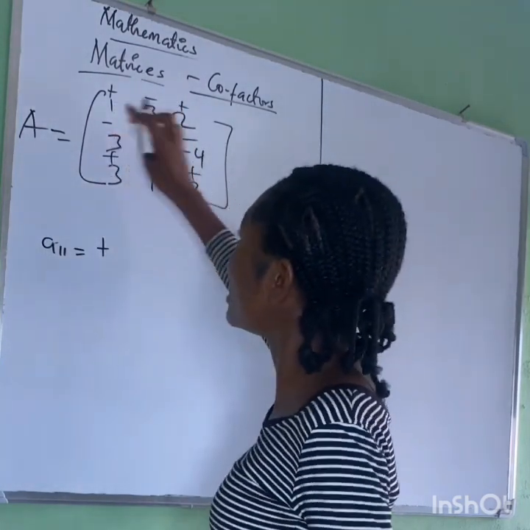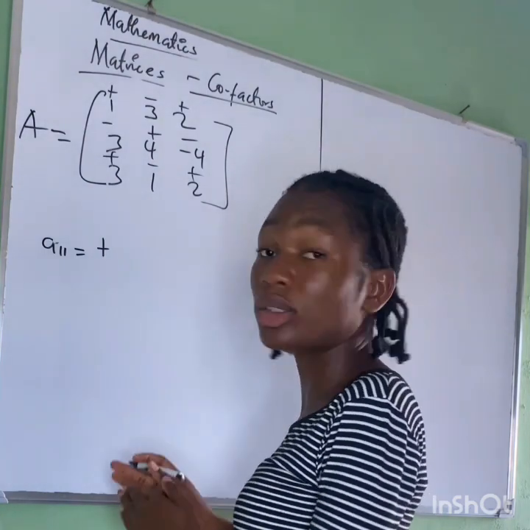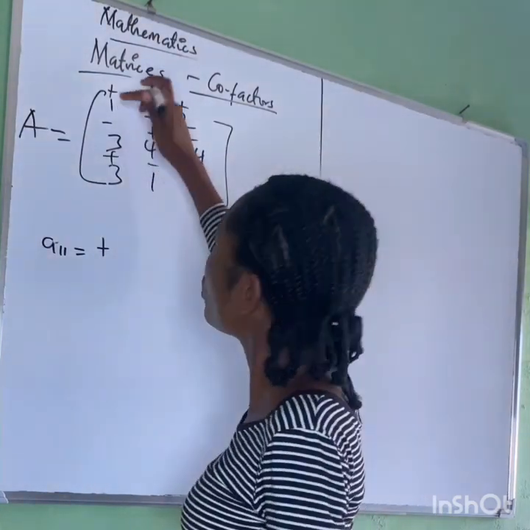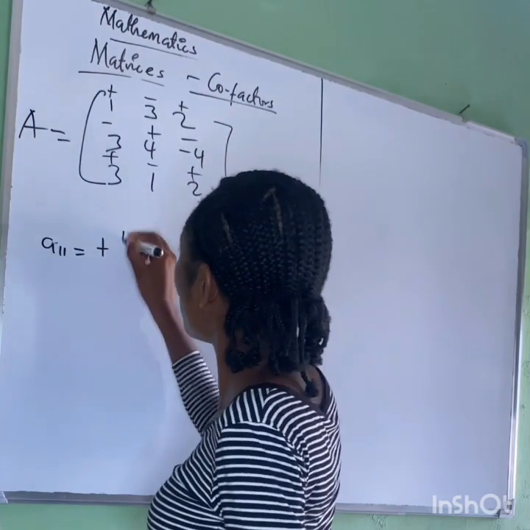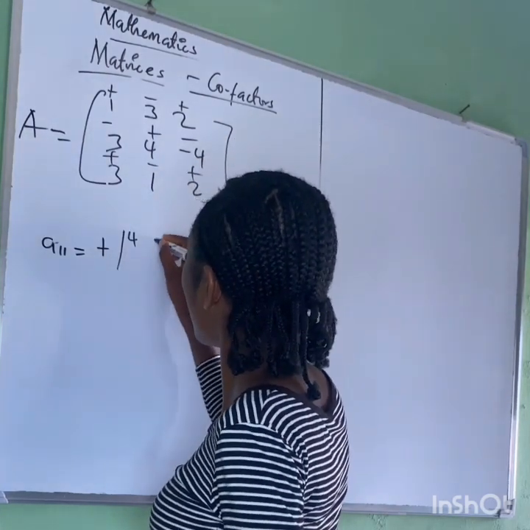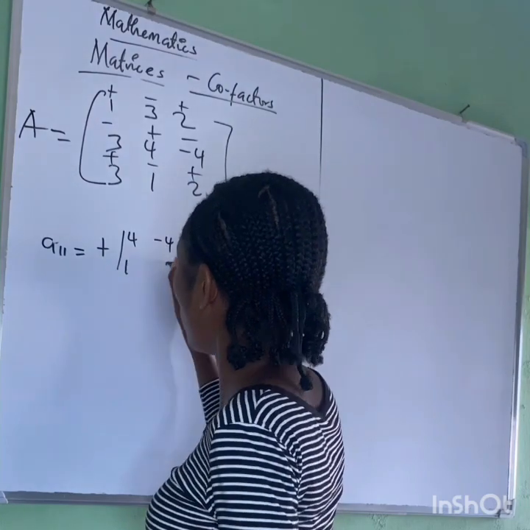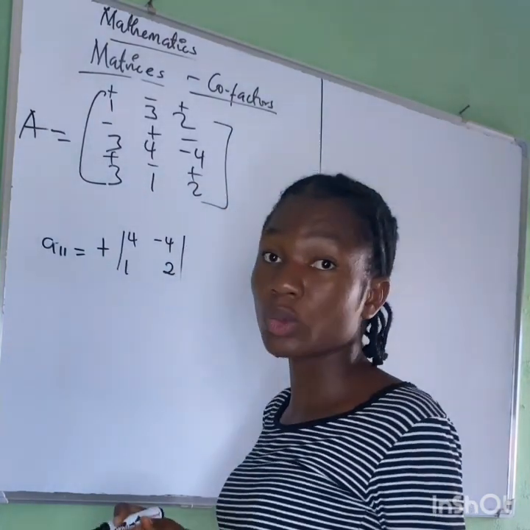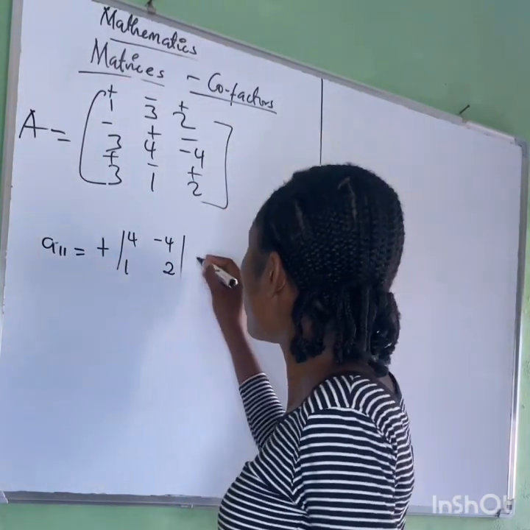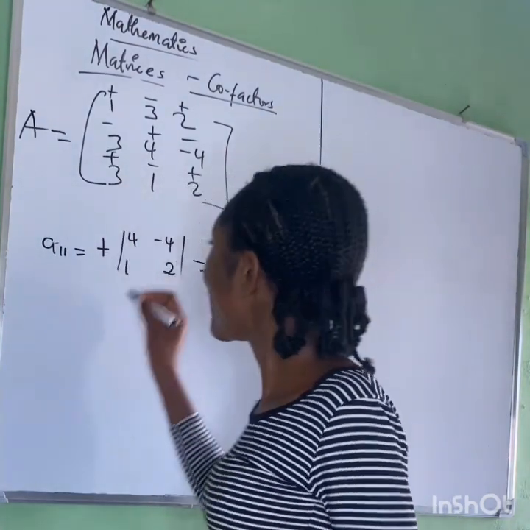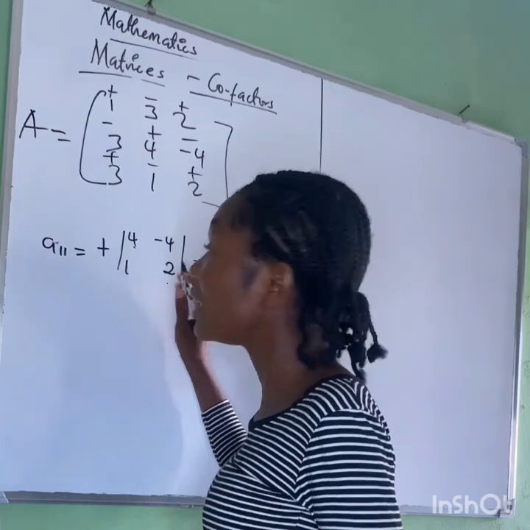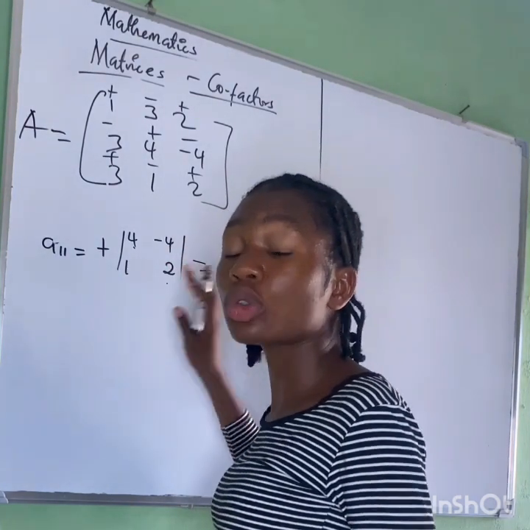Now we eliminate like we did for determinant, but I'm not picking the number right now, just the sign. So we eliminate to get our minor, which is 4, minus 4, 1 and 2. Okay, so we're going to be working with this. What we do next is that we just take, like we did in determinant, the principal diagonal, and then we subtract the product of the minor.